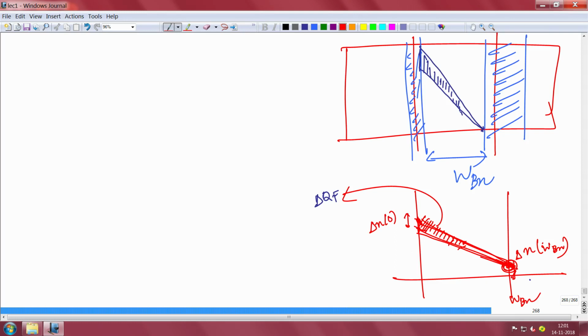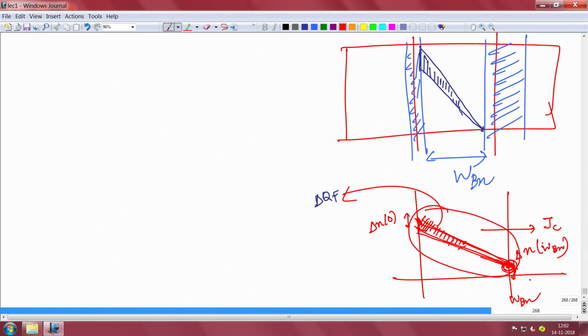So basically what is the time that you require to charge and discharge the base? There will be base charge and there will be current that is going out. So how fast is this current carrying out this charge, okay.